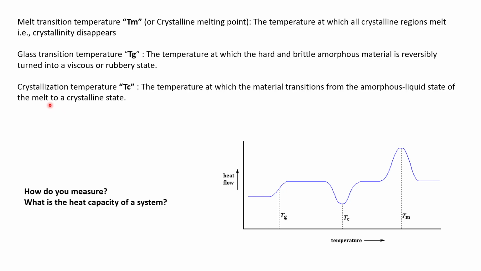Need not be polymer. So let's say for a given substance, you want to measure some particular temperature at which the properties of the material changes. Or let's take a simple example. Let's take a cup of water. You want to know at what temperature it boils, right? So how do you measure that?